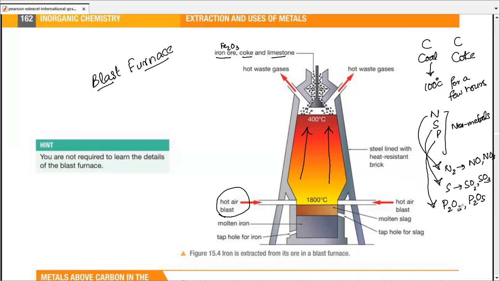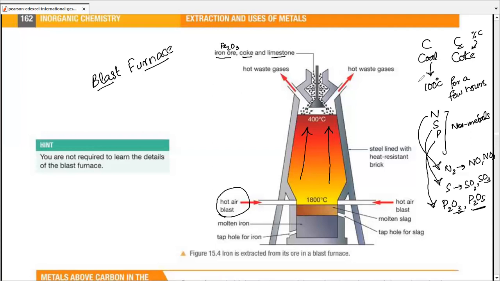So these are the oxides which are usually in gaseous form and can easily leave the system, except this or this one, which are liquid or solid. So gases can leave, hence increasing the percentage of carbon in coke.